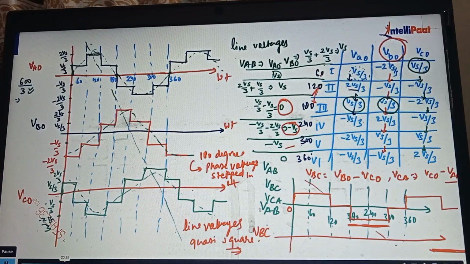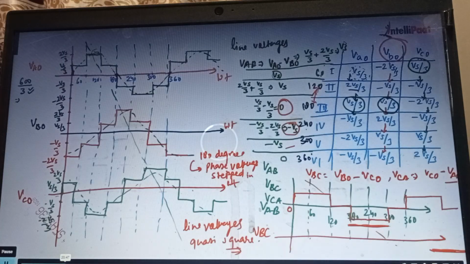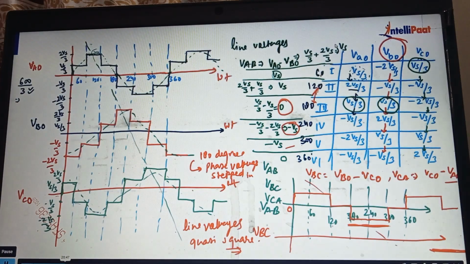Now, let's talk about how to draw this waveform. These voltages, VAO and VBO, have been subtracted to calculate VAB. So we have VAB for the first step, that is VS. For the second step, we have VS again.